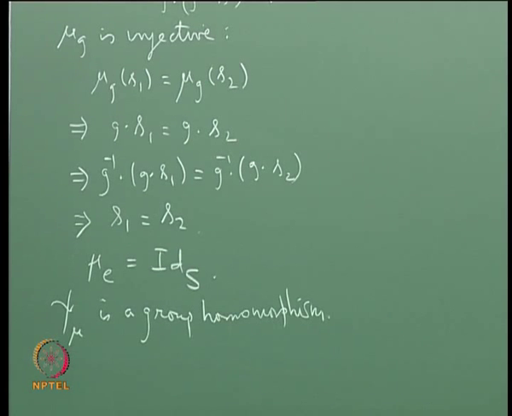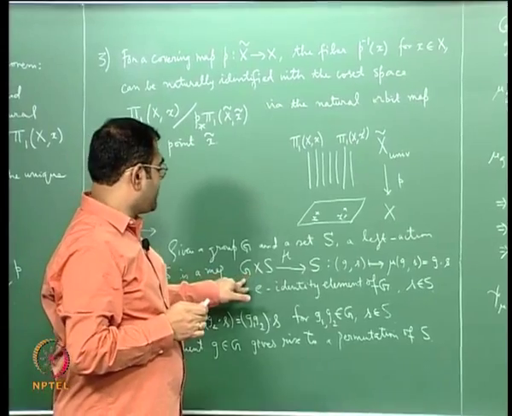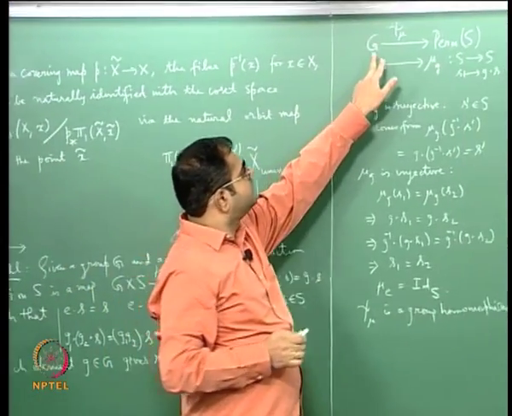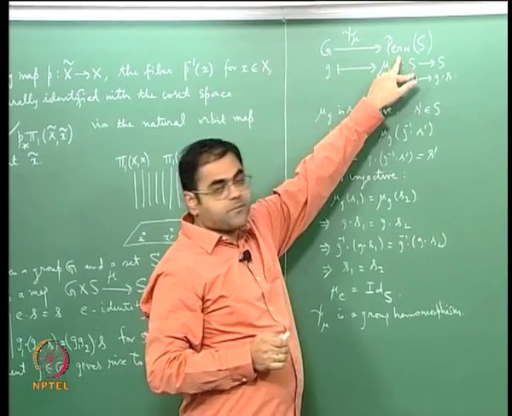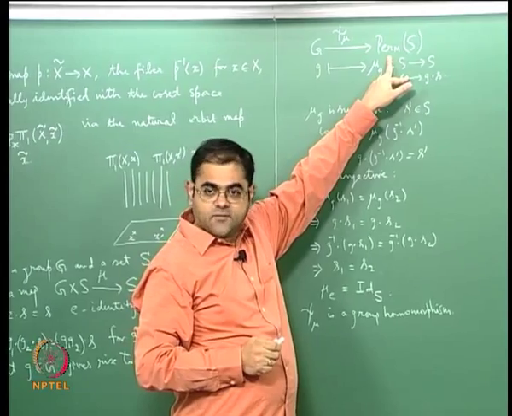Which means, this is something that you can easily check. So in fact if you give me an action mu of a group on a set, I get a group homomorphism of G into the group of permutations of that set, and the converse is also true.